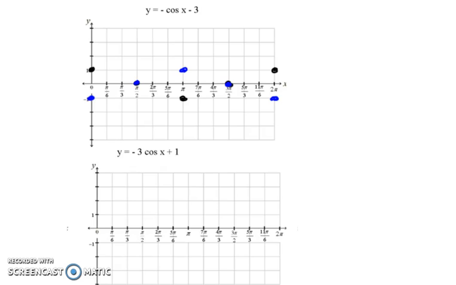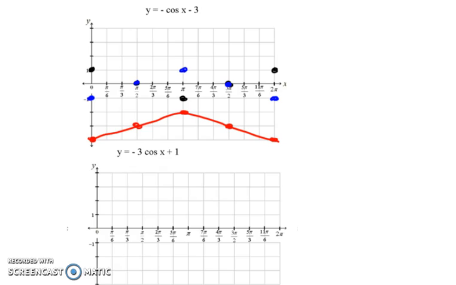So there are the points with the reflection. Now the vertical shift down 3 means we're going to move all our points down 3: 1, 2, 3. So there's the graph of negative cosine x minus 3.